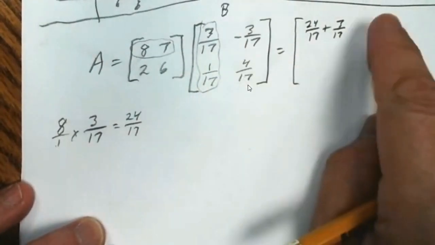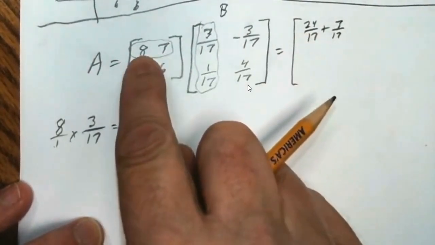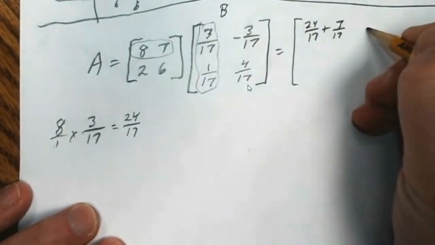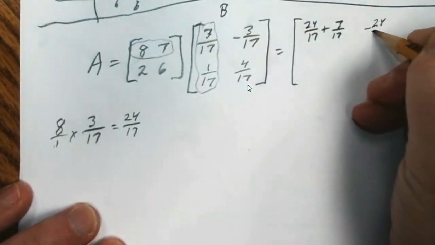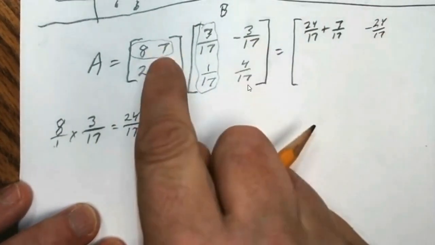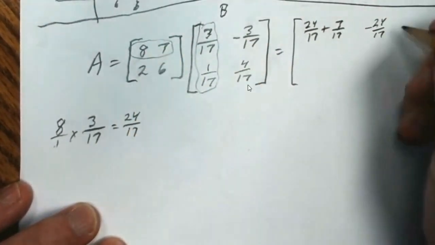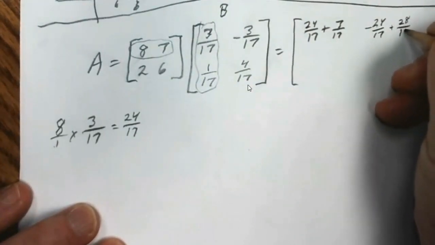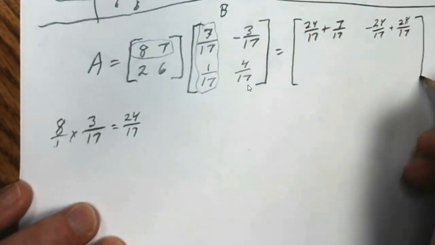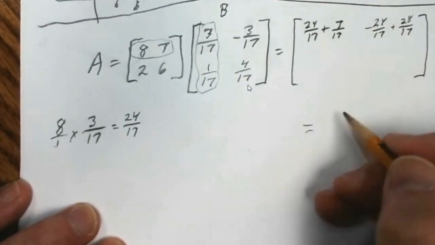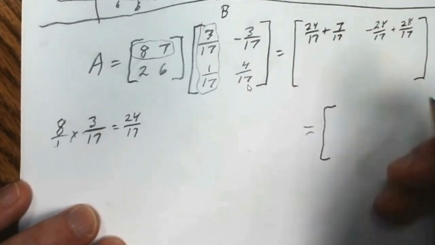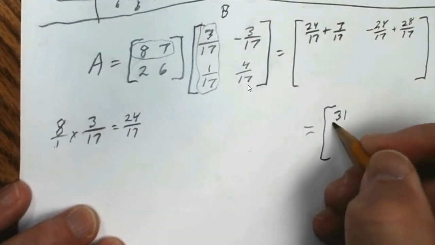Now let's do this one over here. 8 times the negative 3/17. So that's negative 24/17. And then 7 times 4 plus 28/17. Well, I'll tell you, if we just simplify what we've got, 24/17 plus 7/17 is 31/17.